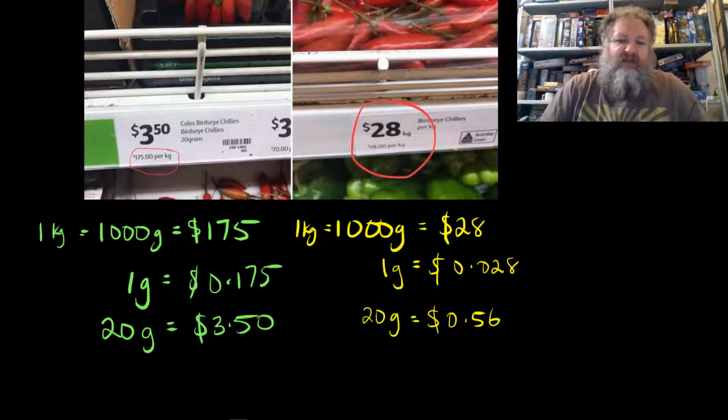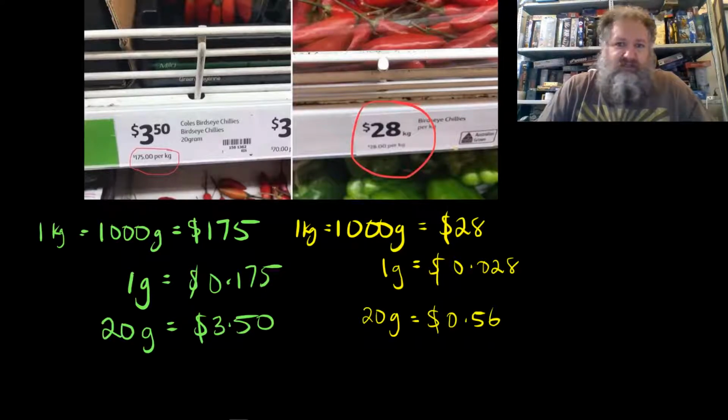So here's the 20 grams based on the left-hand side. We know we're paying $3.50. 20 grams from the loose side, however, would cost us 56 cents. So you're really paying $3 more just for the different packaging. Is that really worth it? I don't know. I'm sure there are people who bought that thinking that they were getting a good deal.